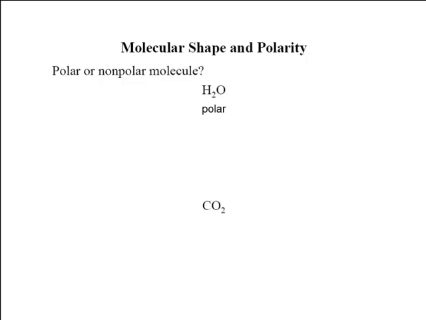All right, what about CO2? Well, CO2 is going to be a linear electron domain geometry and a linear molecular geometry. C double bond O is polar, but because it's linear, those cancel each other out, so I end up with a nonpolar molecule overall. All right, what about BCl3?